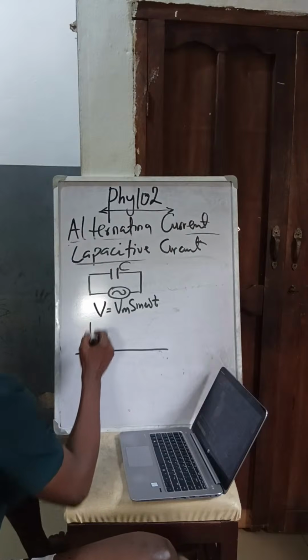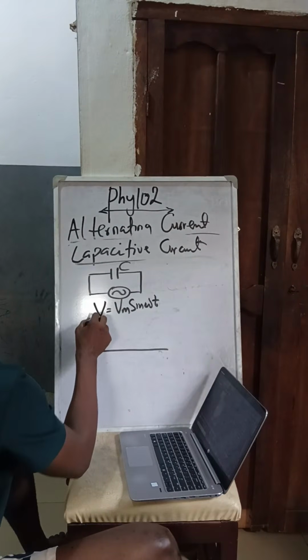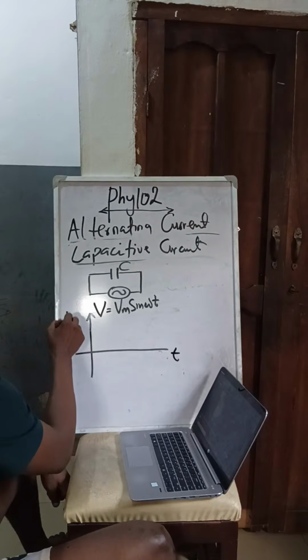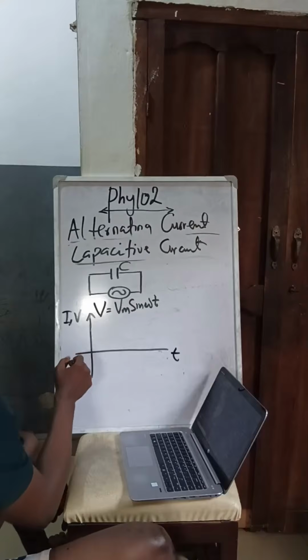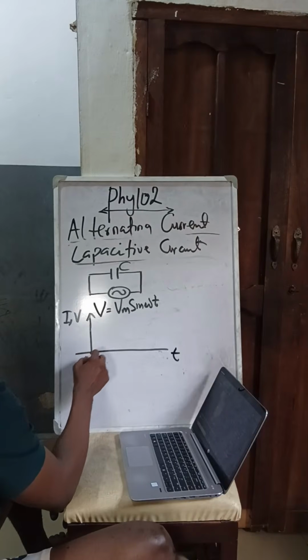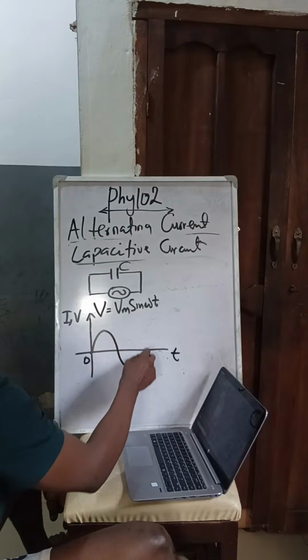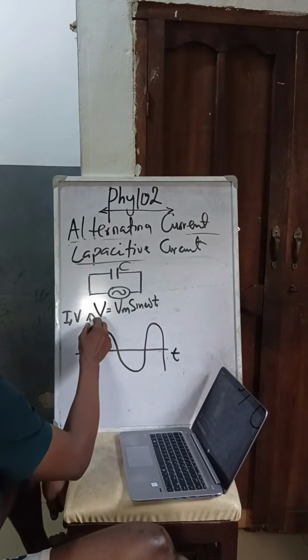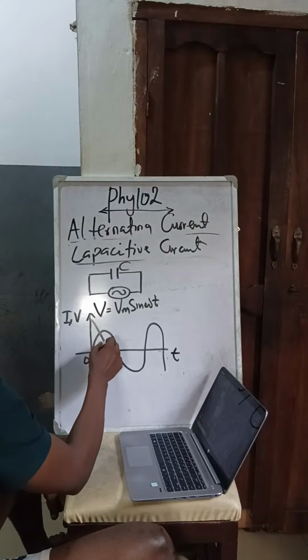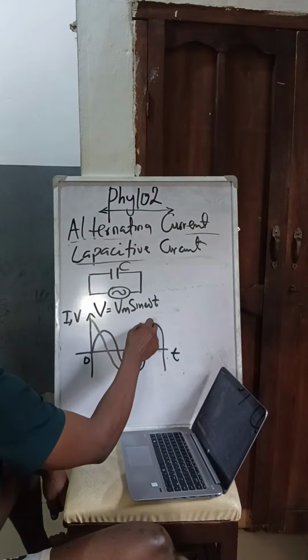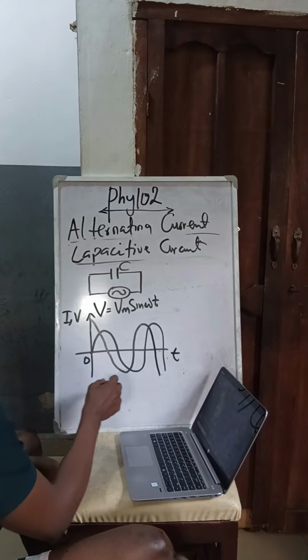So now, let us say that we're having a time axis here, with current and voltage. And this is zero. Current moves this way, and voltage moves this way. We want to get it clearly.